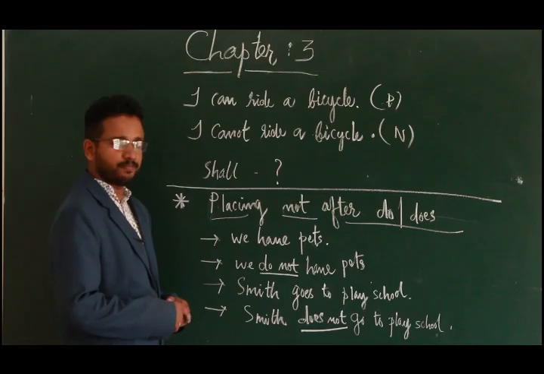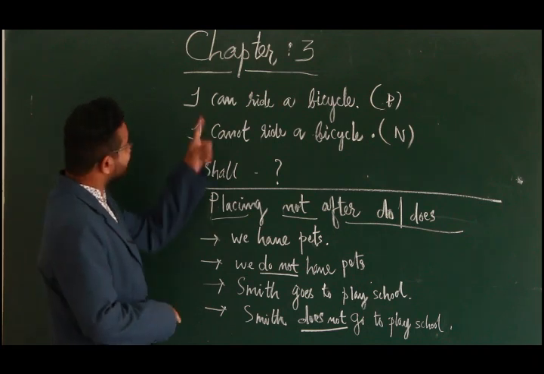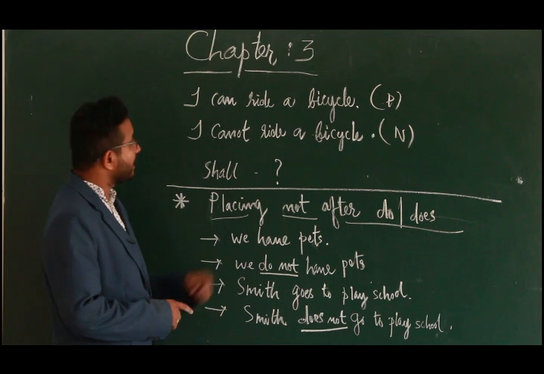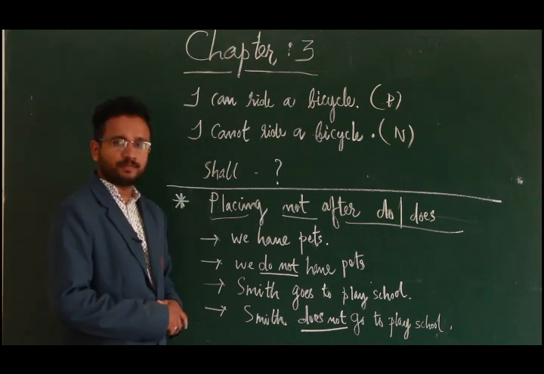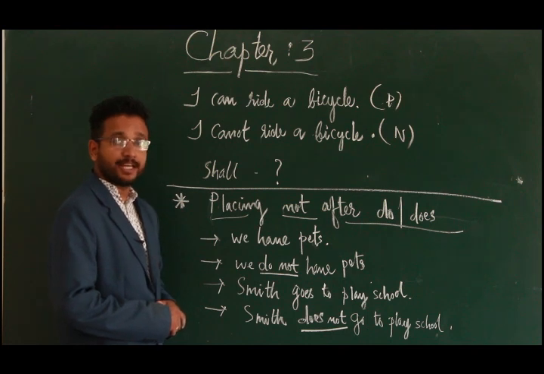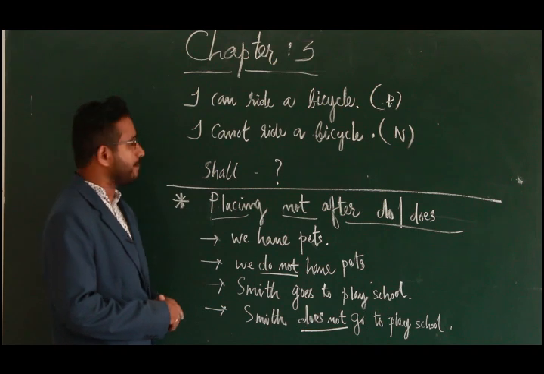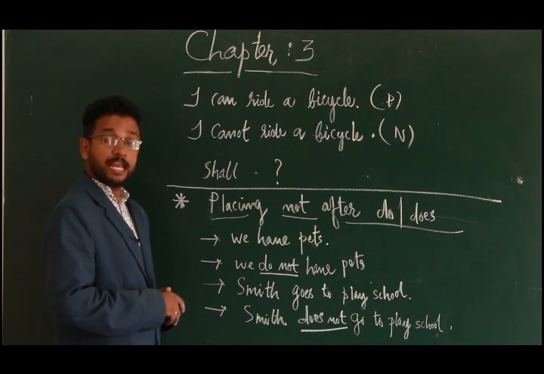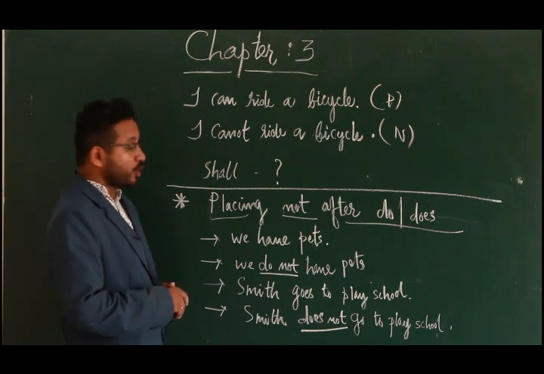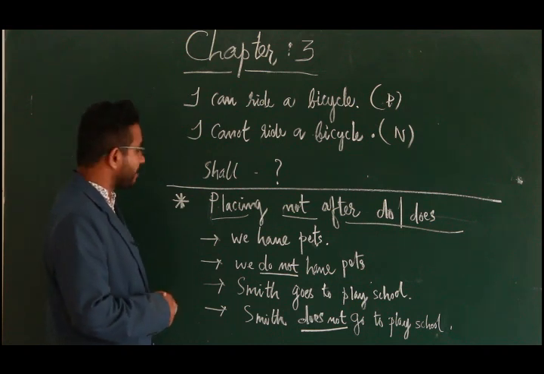Dear students, now you may please take a look at sentences using can. Positive statement. I can ride a bicycle. And the negative statement for the same is I cannot ride a bicycle. Now, you may please make a positive statement and a negative statement for shall.